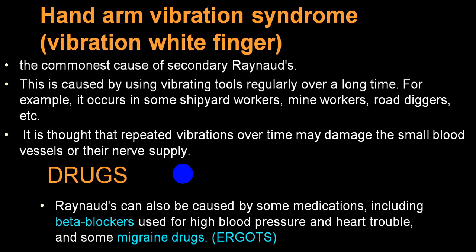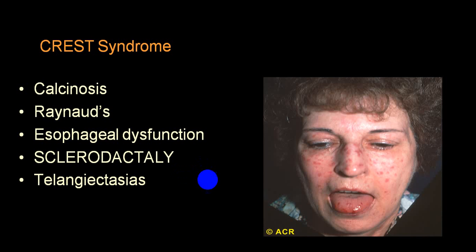You can also have vibration syndrome very frequently because of vibration injury. There is damage to nerves which can produce Raynaud's phenomena. Ergots and beta blockers can produce Raynaud's phenomena because of vasospasm. In CREST syndrome, one of the components is Raynaud's phenomena, which is usually associated with calcinosis, esophageal dysfunction, sclerodactyly and telangiectasia.